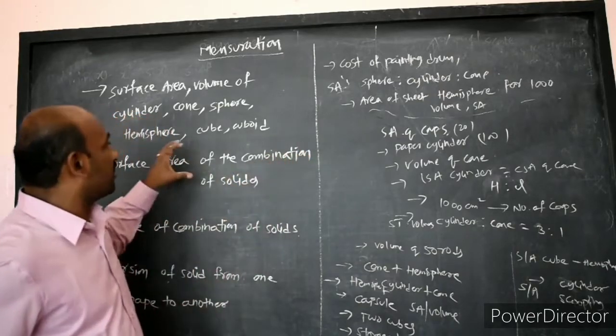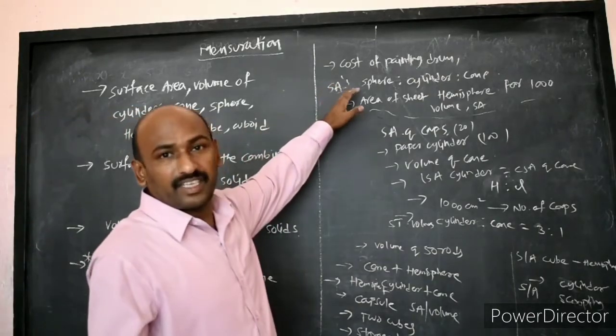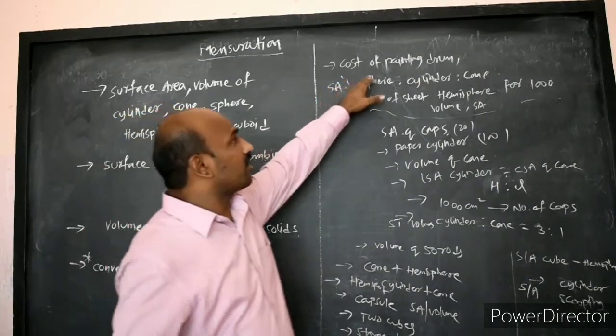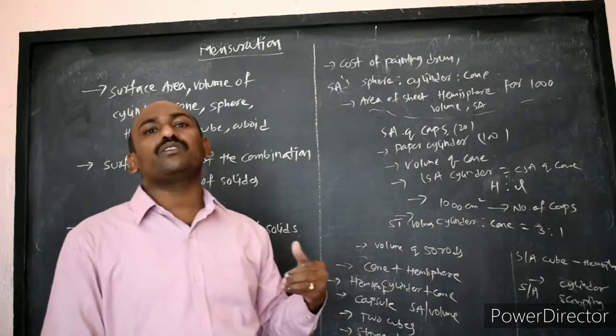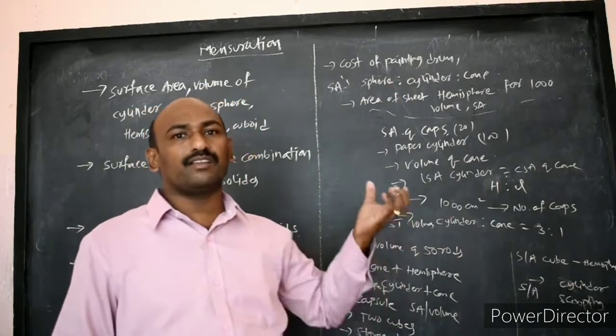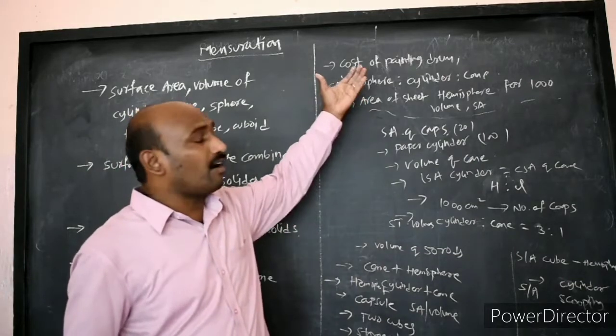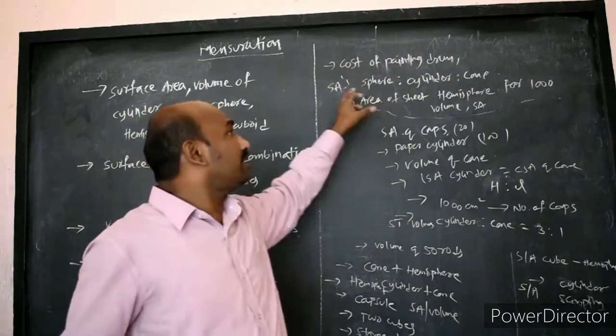And if you take the first and second exercise, what are the basics we have? Cost of painting a drum means we need to use the surface area. Based on volume means we need to use capacity. And cost means we need to apply surface area.